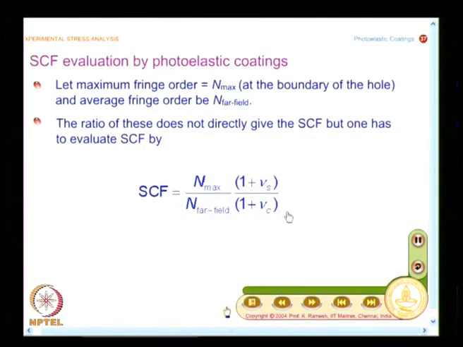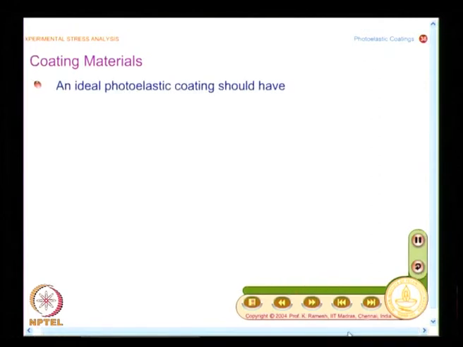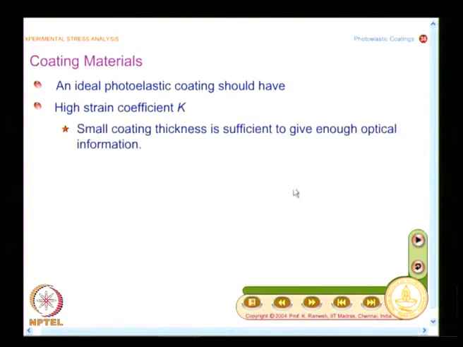So, you have to be very careful when you want to find out SCF in photoelastic coatings. You should also put in this correction factor. This comes from mismatch of Poisson's ratio. And what should be the property of an ideal photoelastic coating?